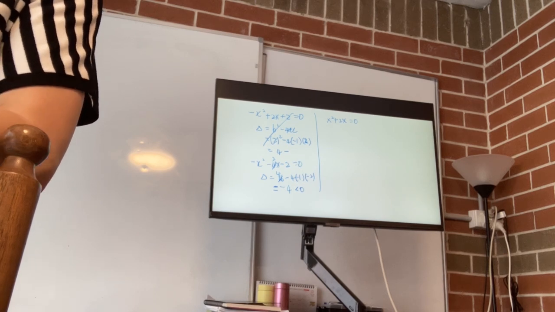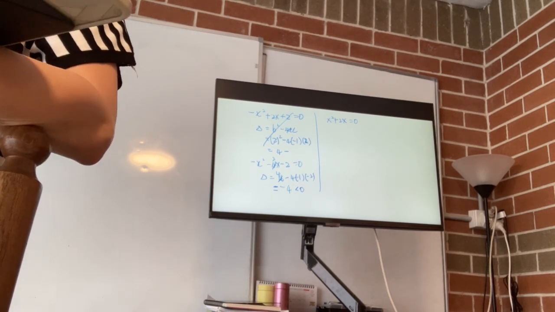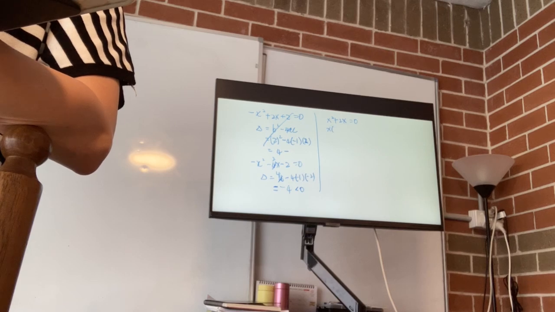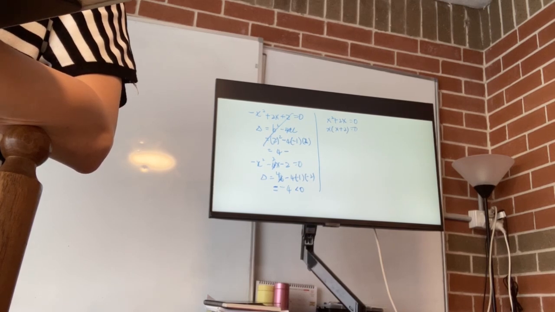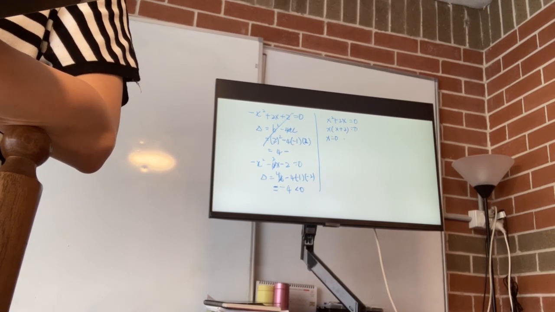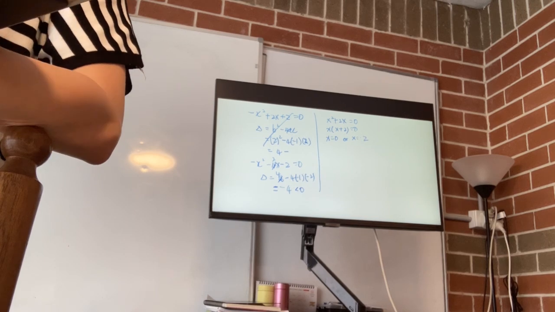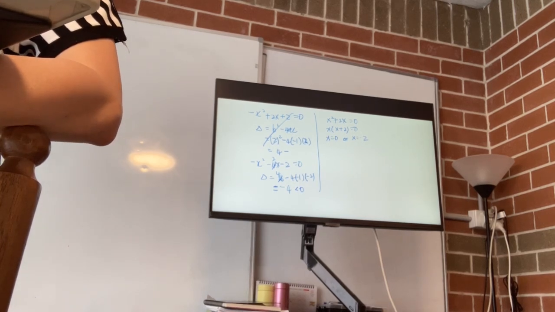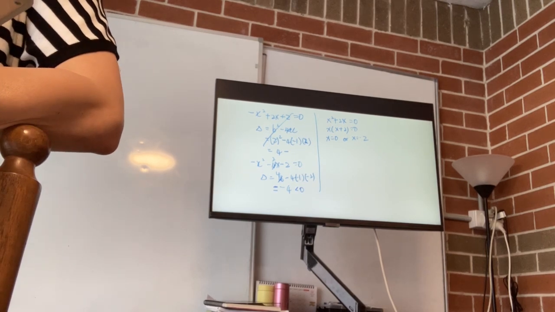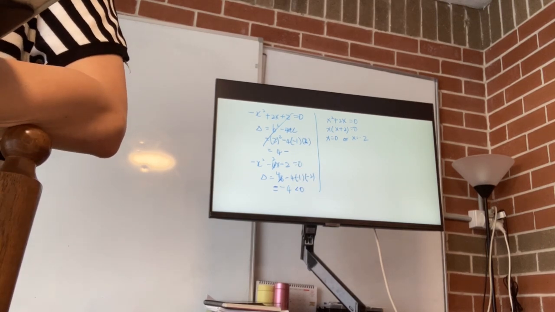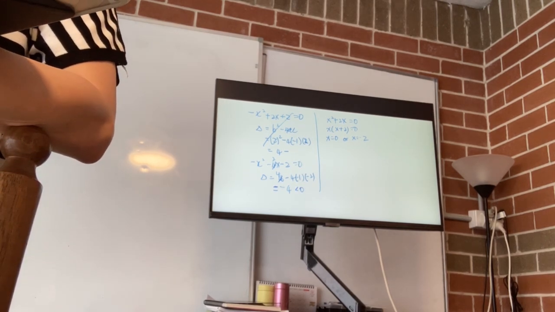Then you factorize, pull out the common factor, and therefore you have x equal to 0 or x equal to minus 2. Those will be your two vertical asymptotes.